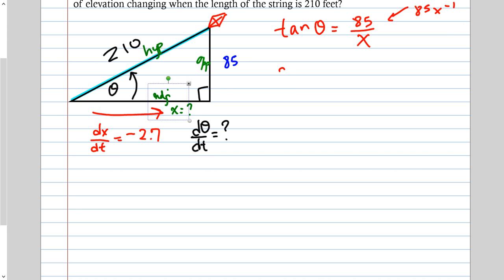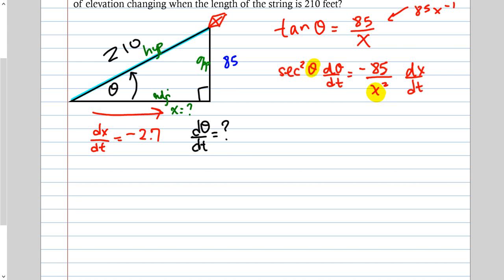So secant squared theta d theta dt, that's what I'm looking for, equals negative 85 times x to the negative 2 power dx dt. But I'm just going to write it as x squared, but it's in the denominator. That's how the negative works. Dx dt. Now looking at this, I hope that you can tell, we don't have the angle, and we do not know what x is, and that's a problem.